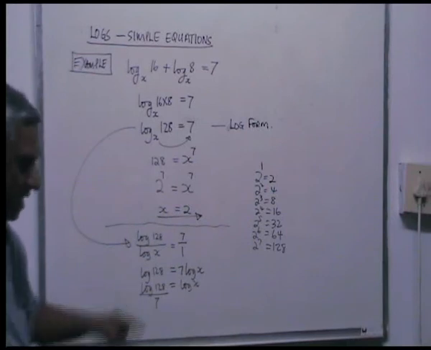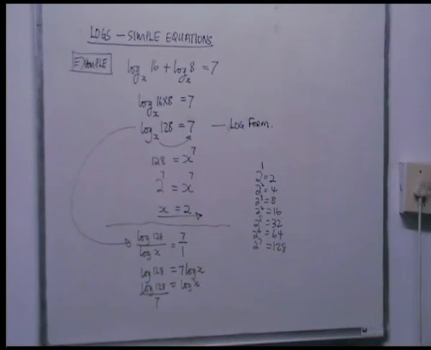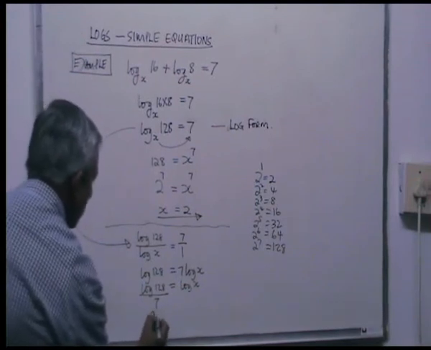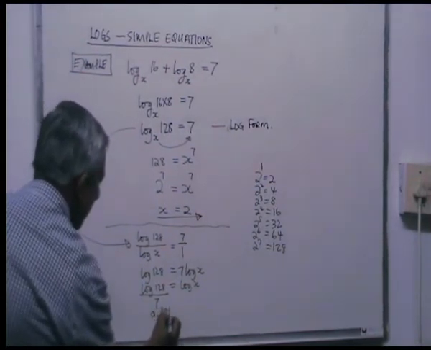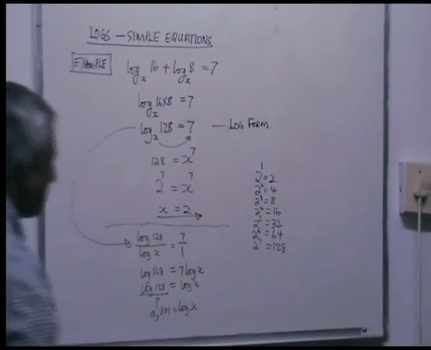I'll put this in the calculator: you take log of 128 divided by 7, and you get 0,301. So 0,301 is equal to the log of x.